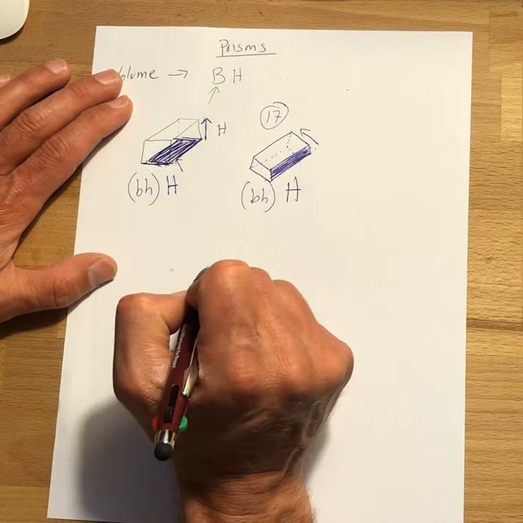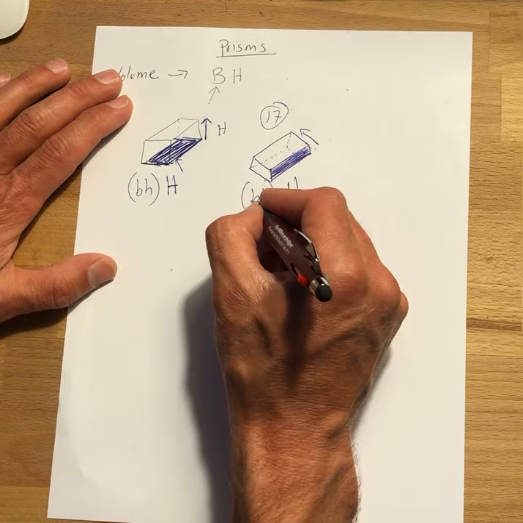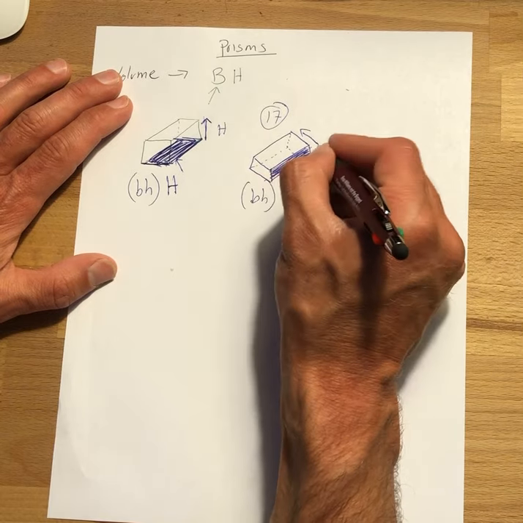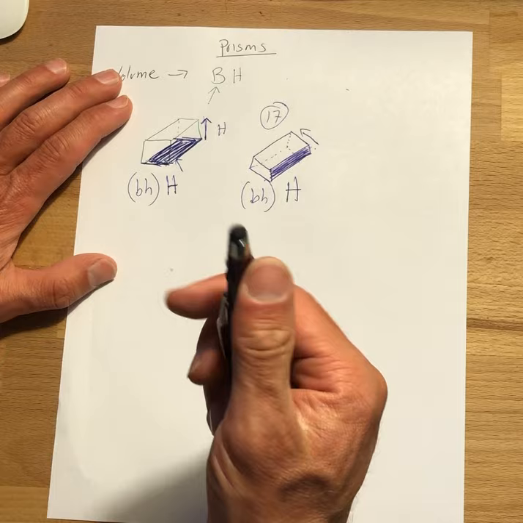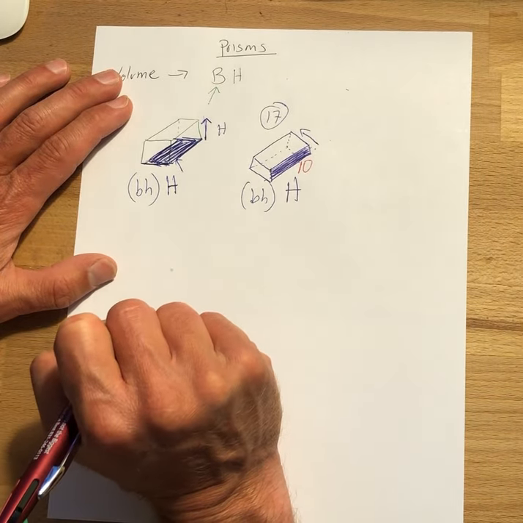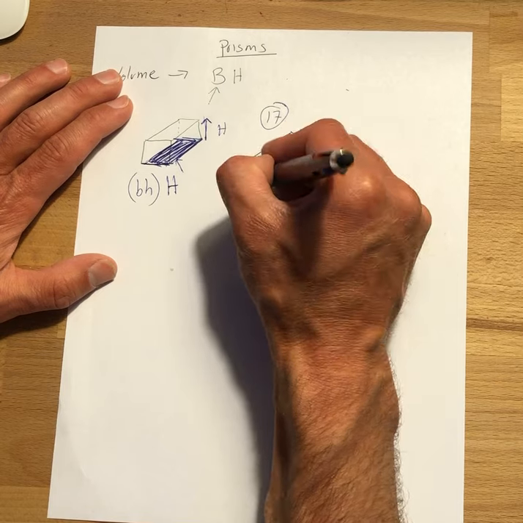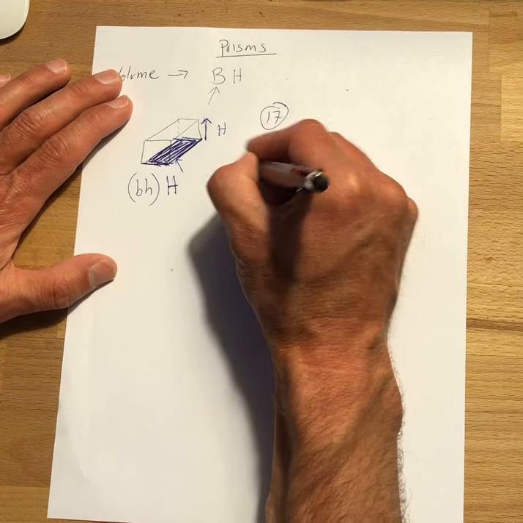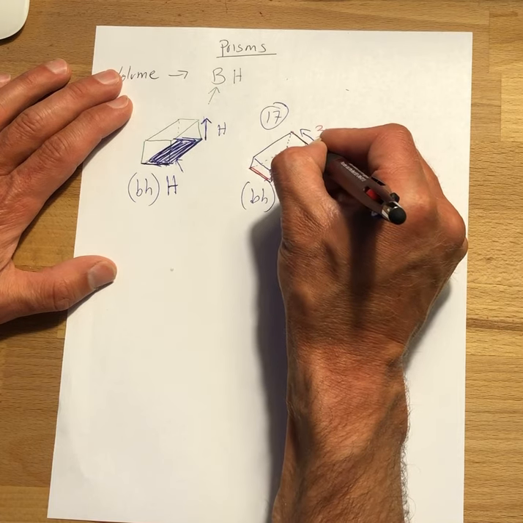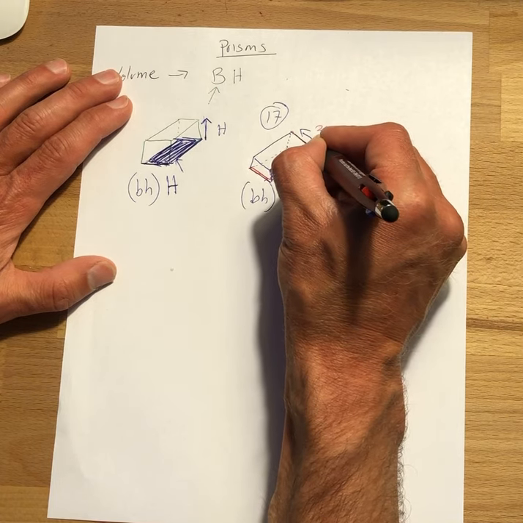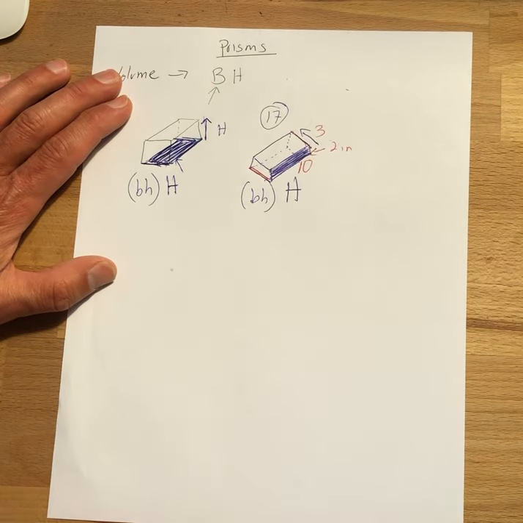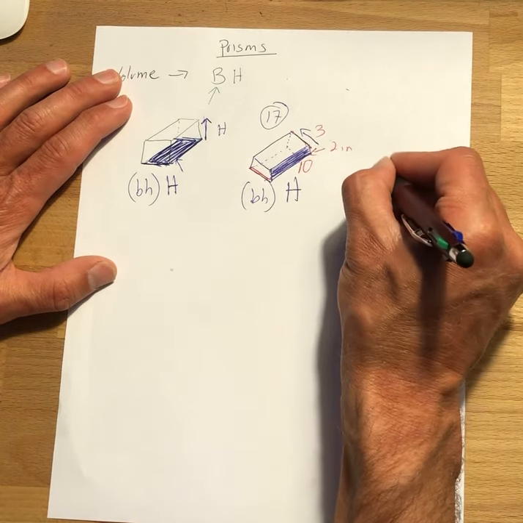So if I wanted to find the volume of this, I would say this bottom is, well, let's see. How long is this right here? In the shape, this is 10 inches. And this is 3 inches. From here to here is 3 inches. And then each one of these edges is, what does it say? 2 inches. So if I were to redraw this shape, I would have this long rectangle.